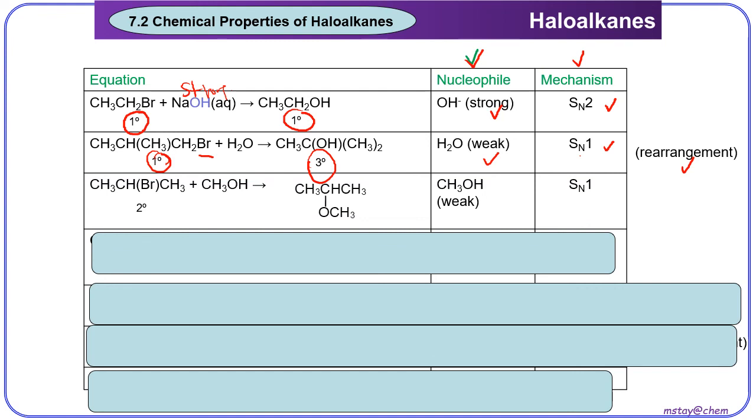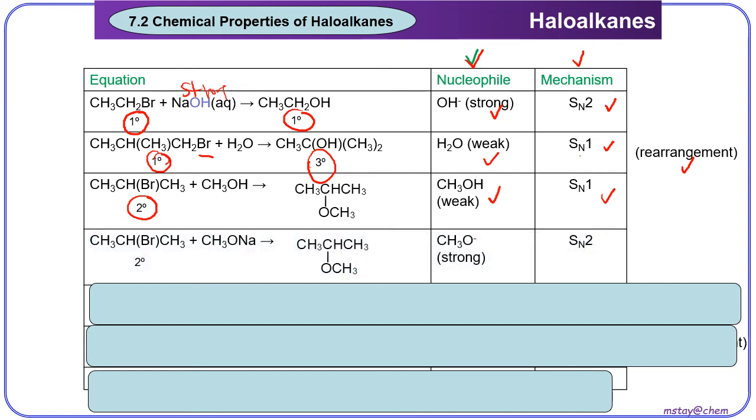Third equation, secondary haloalkane, CH3OH is weak nucleophile. So secondary is in the middle towards Sn1 and Sn2. So in this case, we will depend on the type of nucleophile. Since it is weak nucleophile, we prefer Sn1.